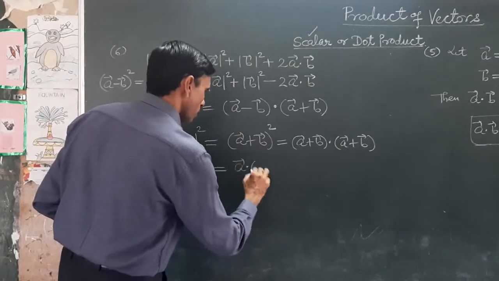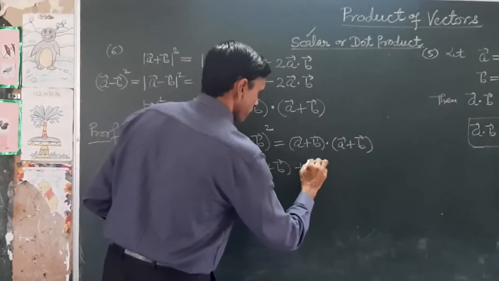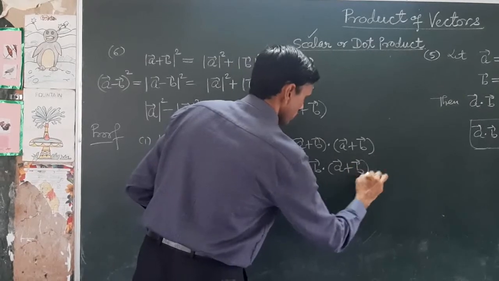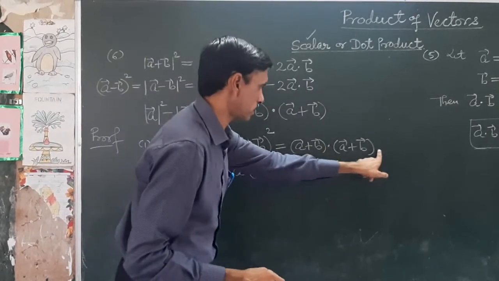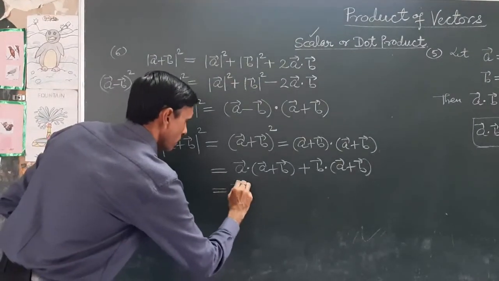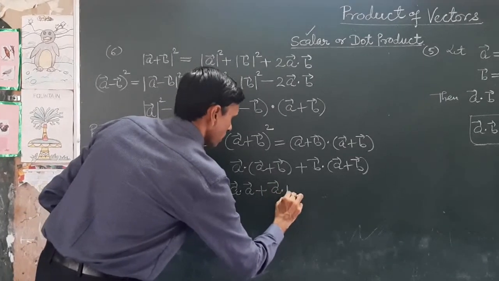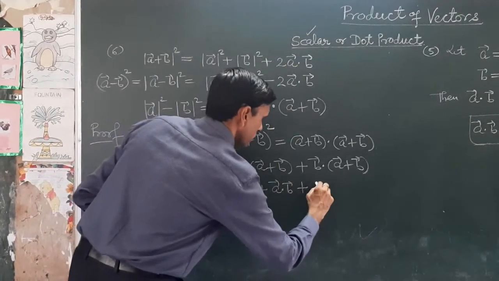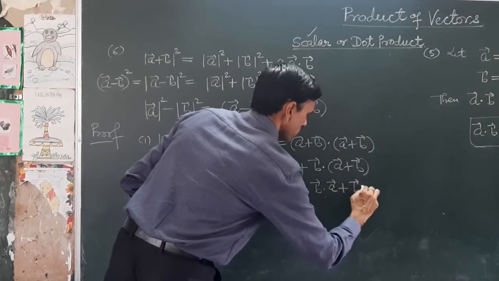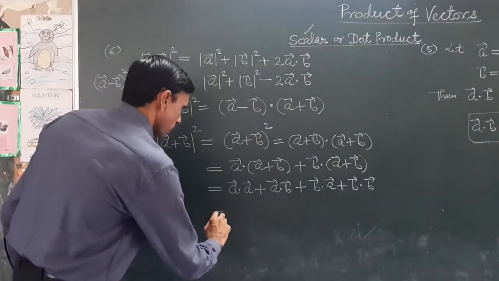a dot, we are doing very small level work, b dot this. a dot this, b dot this, open the bracket: a dot a plus a dot b plus b dot a plus b dot b. What is a dot a?